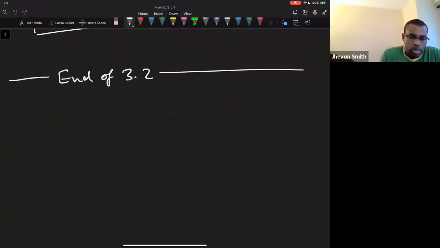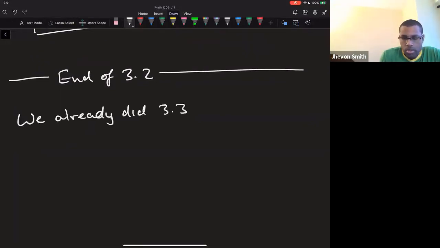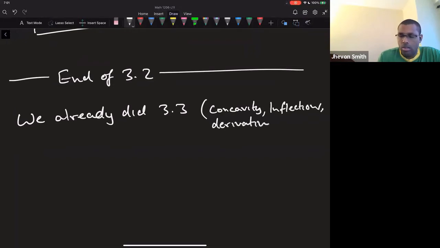Now we already did 3.3. This is where we covered things like concavity, inflections, derivatives and the shapes of graphs, that kind of stuff. We actually did that prior.